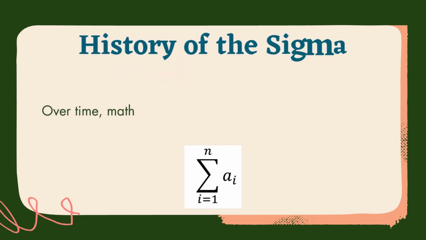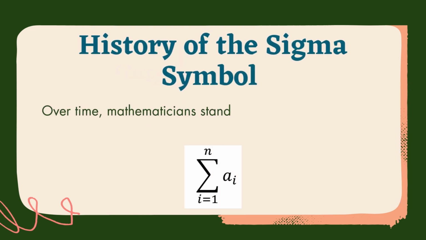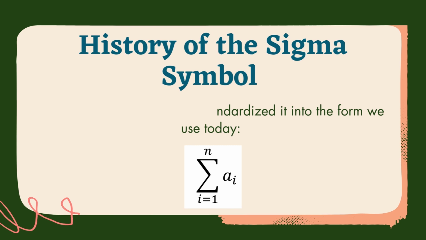As time goes by, a lot of mathematicians studied this summation and standardized it into the form that we use today, which is the sum of a sub i from the lower boundary, which here is 1, up to n.